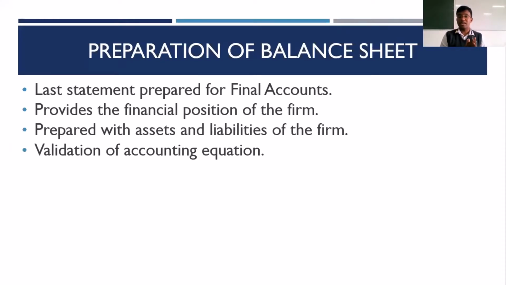The accounting equation tells us that liability plus capital is equal to assets, so the sum total of liability and capital in a business must be equal to the assets.